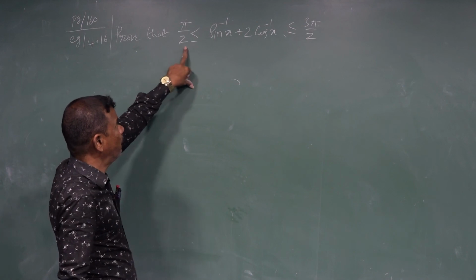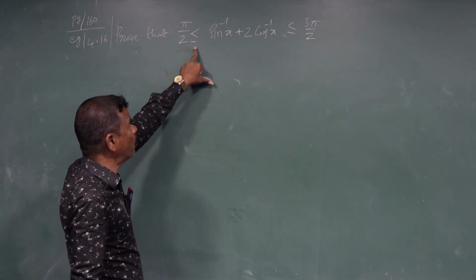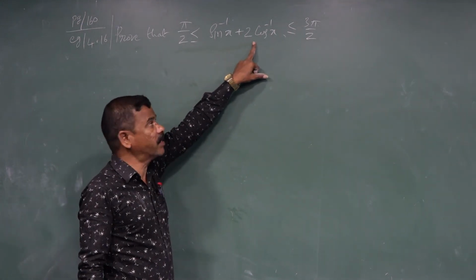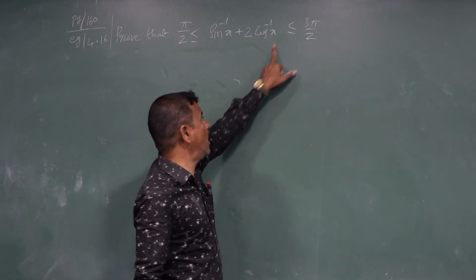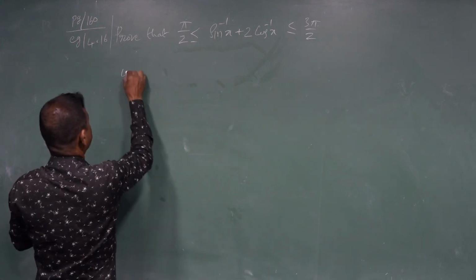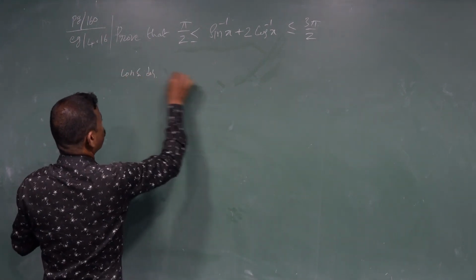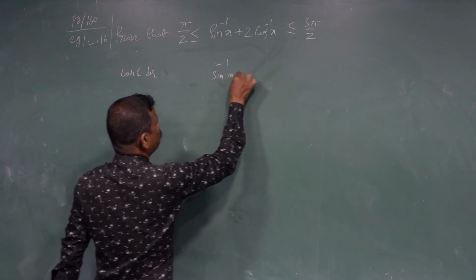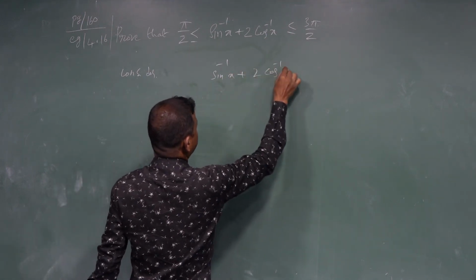Here prove that pi by 2 is less than or equal to sin inverse x plus 2 cos inverse x, which is less than or equal to 3 pi by 2. So consider the middle value, sin inverse x plus 2 cos inverse x.